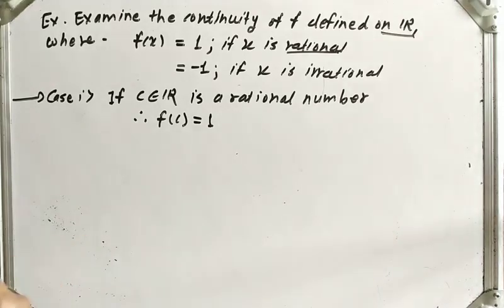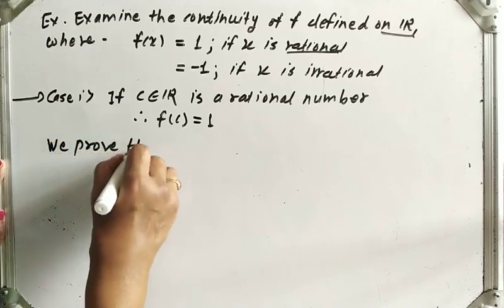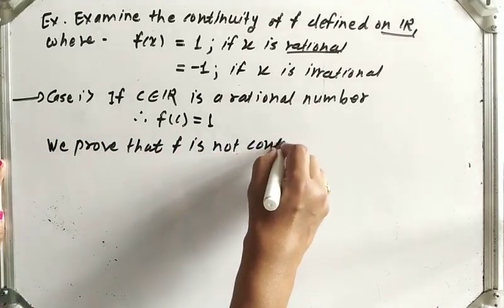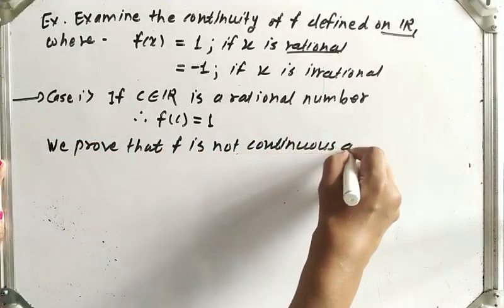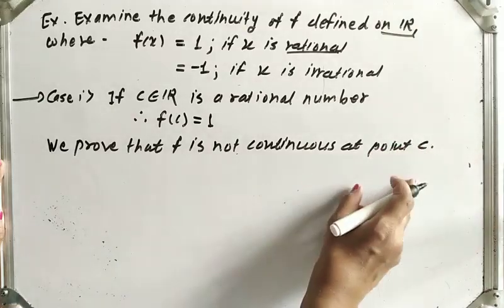So we have to show, we prove that f is not continuous at point c.